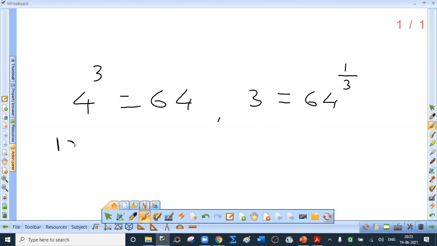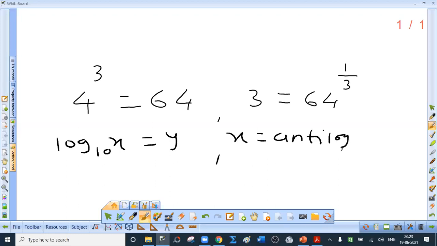Similarly, if log x to the base 10 is say y, then what is x? It is anti-log of y to the base 10. See, this is common sense. Log x is y.